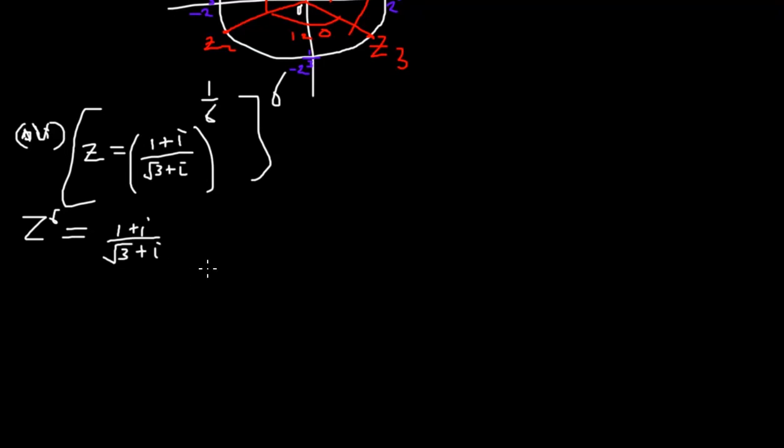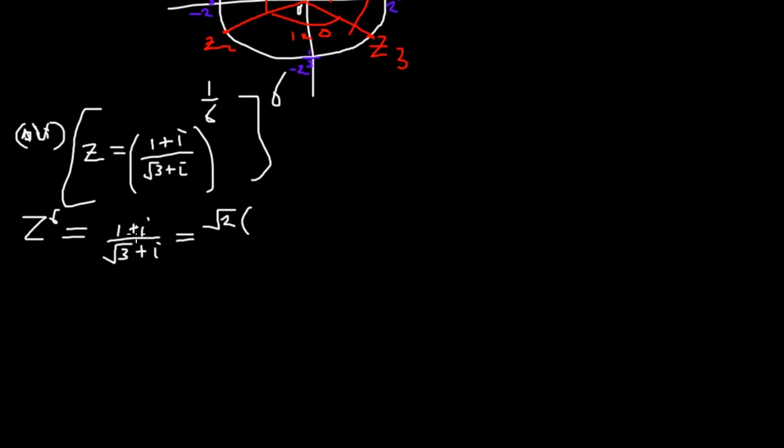So by converting the top part, we first have the magnitude of the top part, which is 1 squared plus 1 squared, so it's going to be root 2. You can solve it on a separate paper. Root 2, and then open brackets.